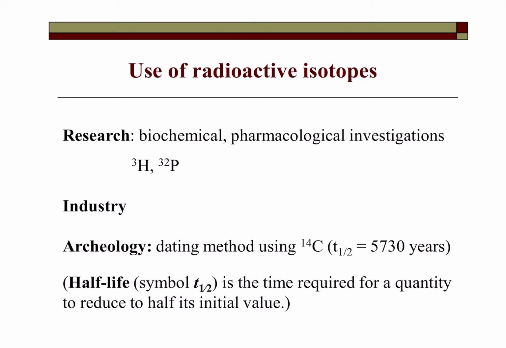For example, for ancient life, we can find the date by the method of carbon half-life, 5,730 years. If we have a mummy from many years ago, we can find how many years ago he died. Half-life is very important. It's the time required for the quantity to reduce to half of its initial value.